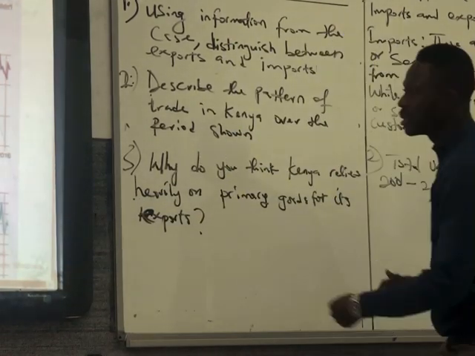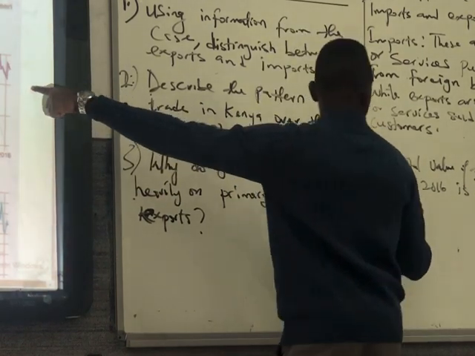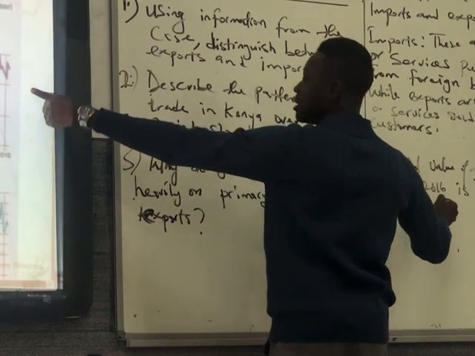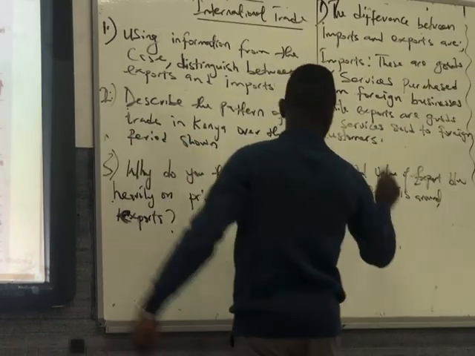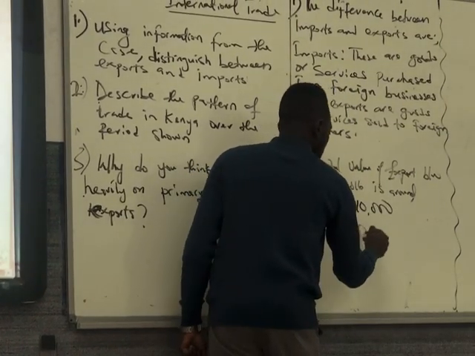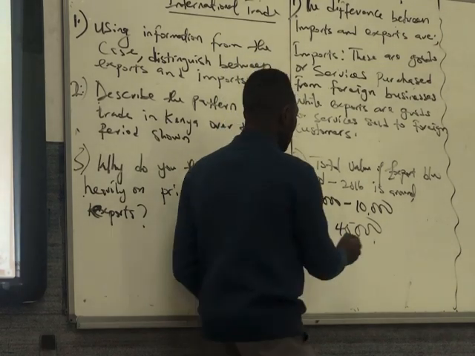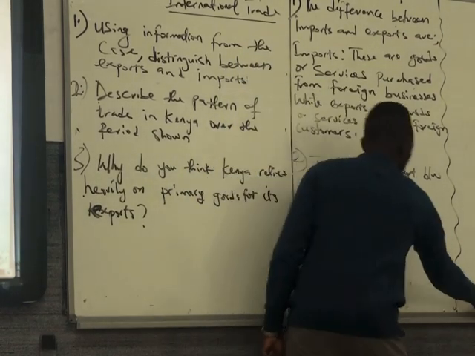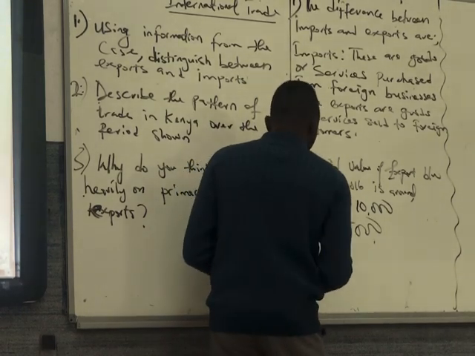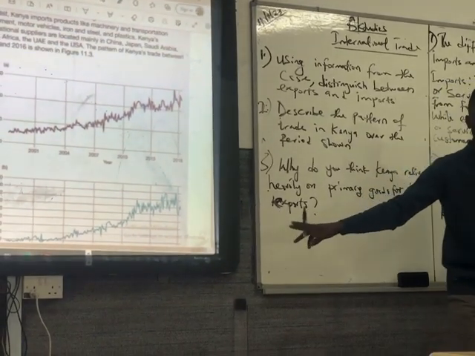So let's write it out. The difference between export here is, let's say, 55,000 minus, let's say, 10,000, okay? So it's around 45,000. So export has increased by around KES 45,000, right? Good. Now let's look at the imports.